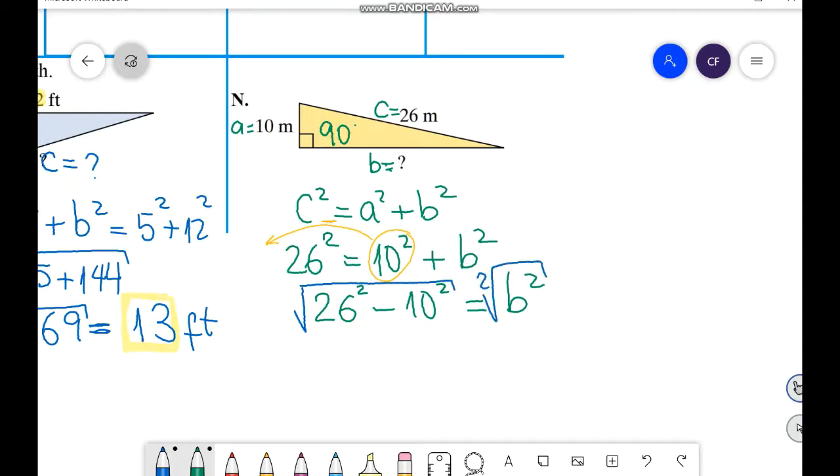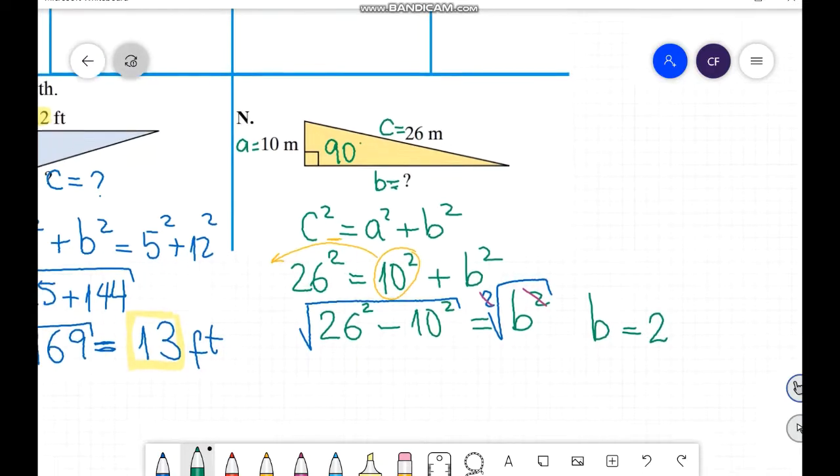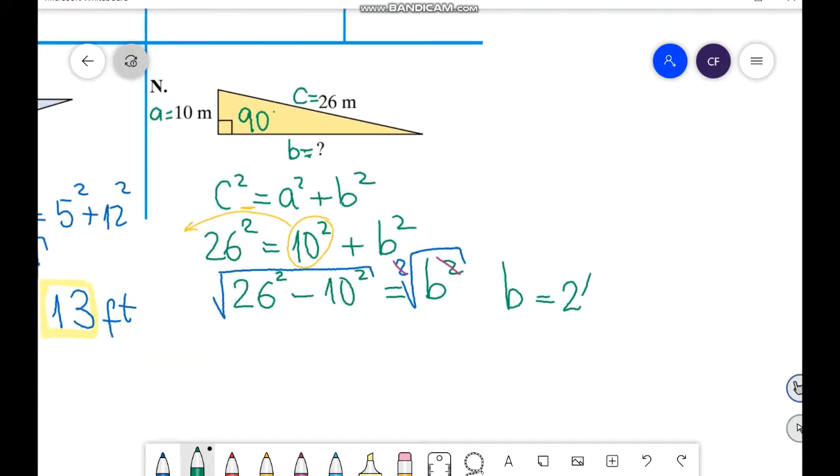And here you can simplify. You can use a calculator, and then you're going to find 26 squared minus 10 squared, and take the square root. At the end, you will find, if I'm not wrong, check if I'm wrong or not, that is 24 meters.